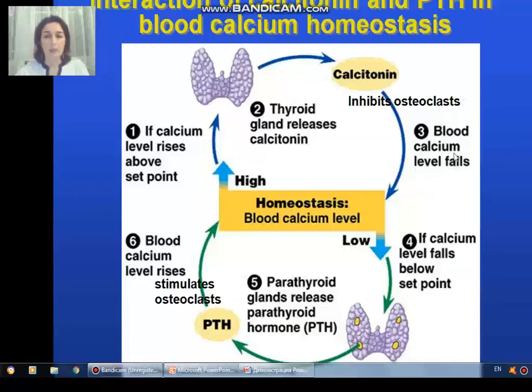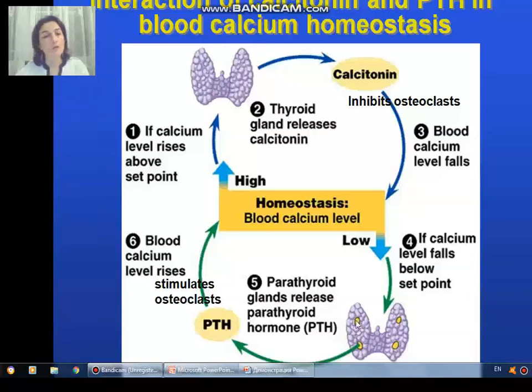When the blood calcium level drops, on the surface of the chief cells of the parathyroid gland there are calcium receptors. If the amount of calcium in blood is enough, the calcium binds to receptors on the chief cells, and the cells will not produce parathormone.